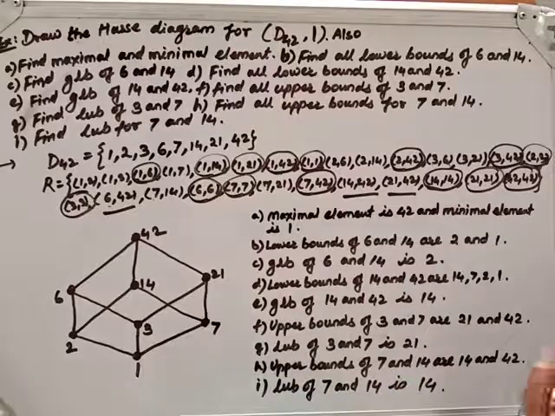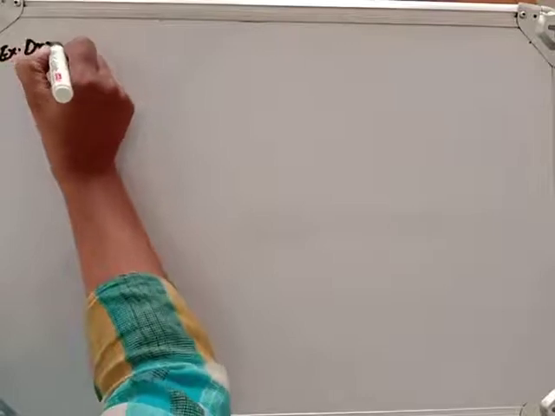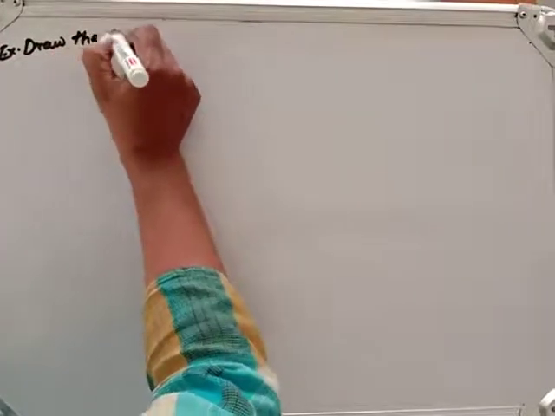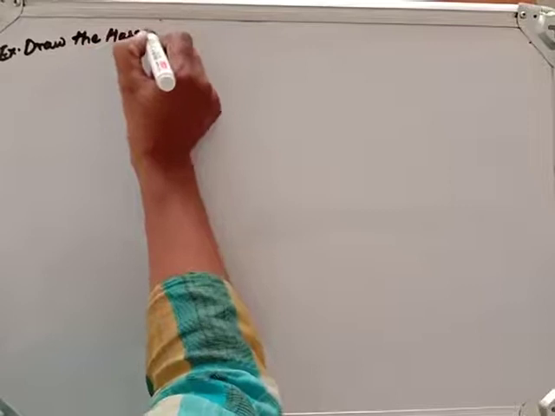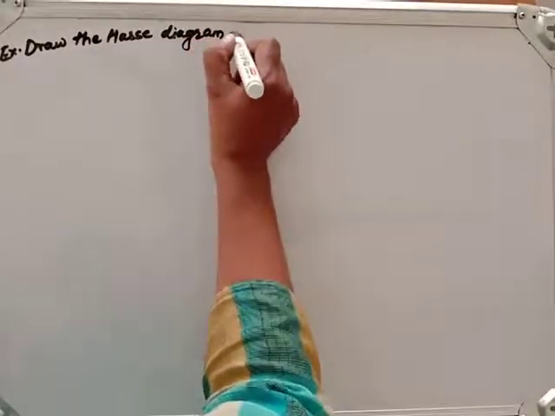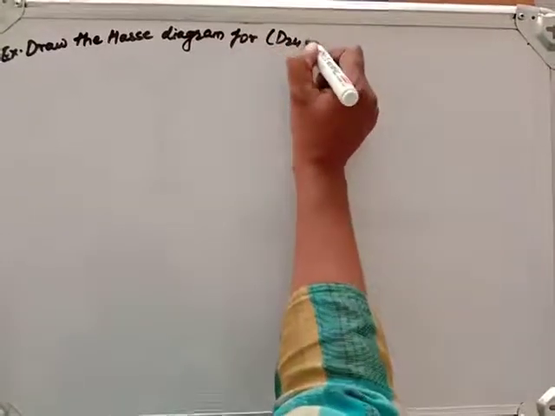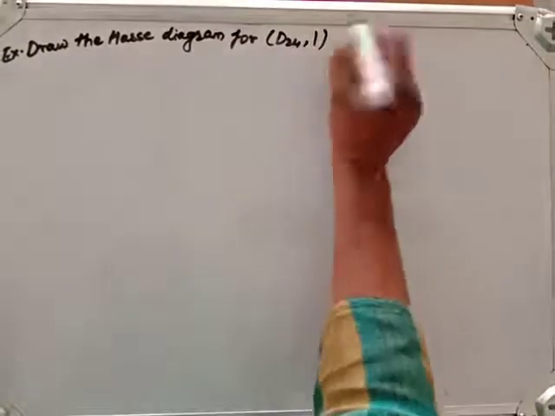Now let me take one more question here. Example: draw the Hasse diagram for D24 under division. We will take 24.